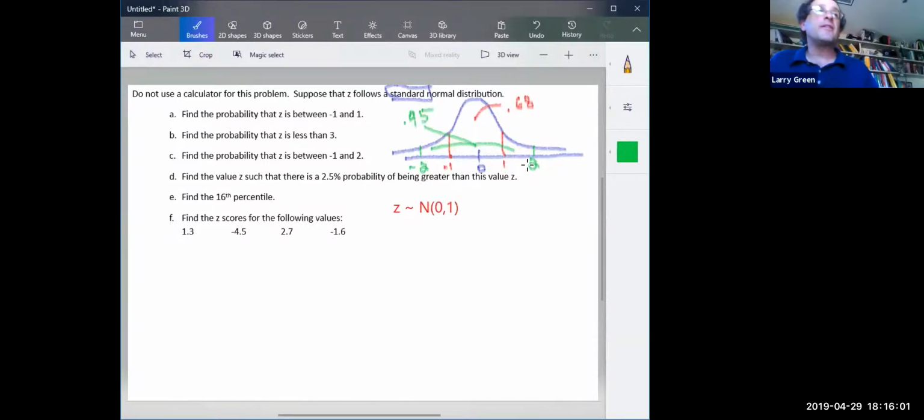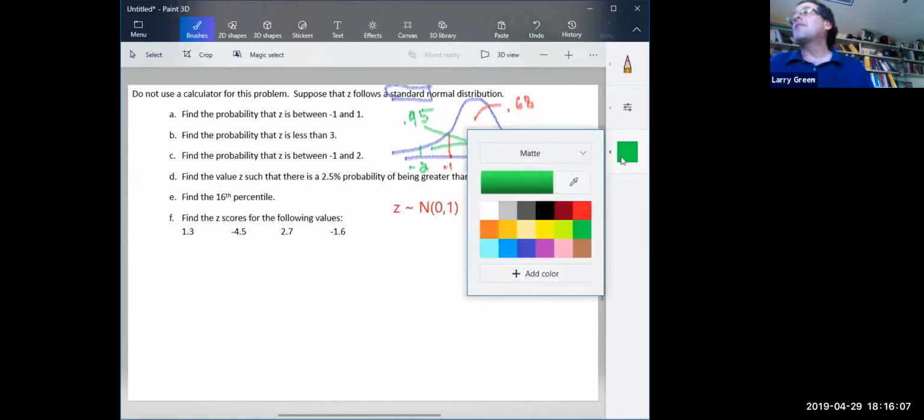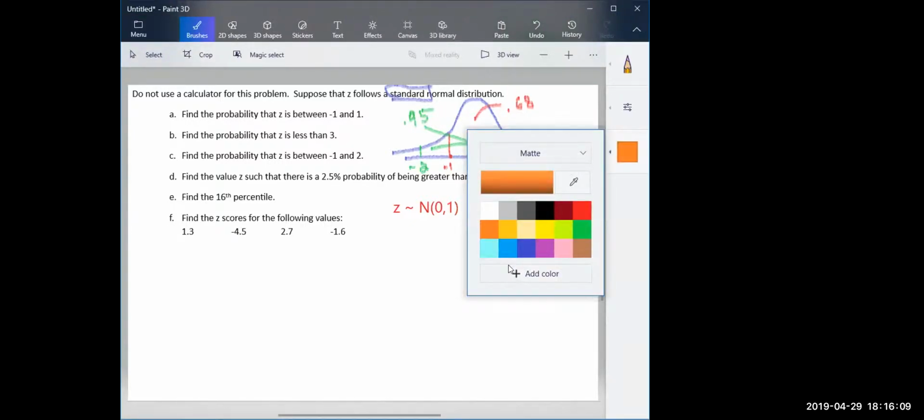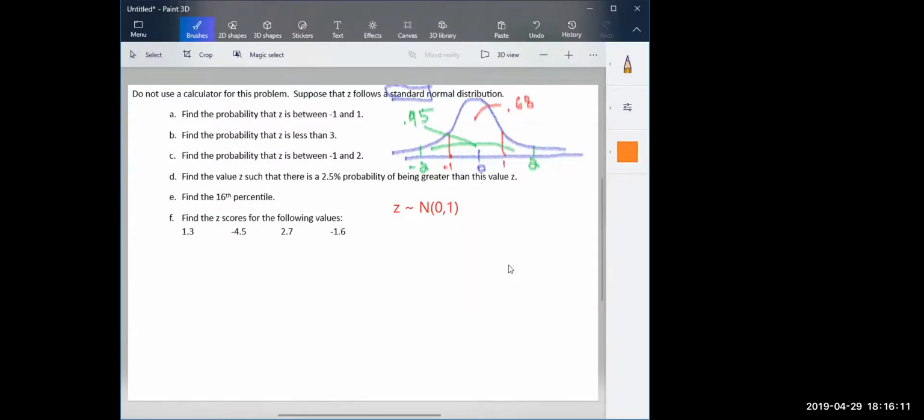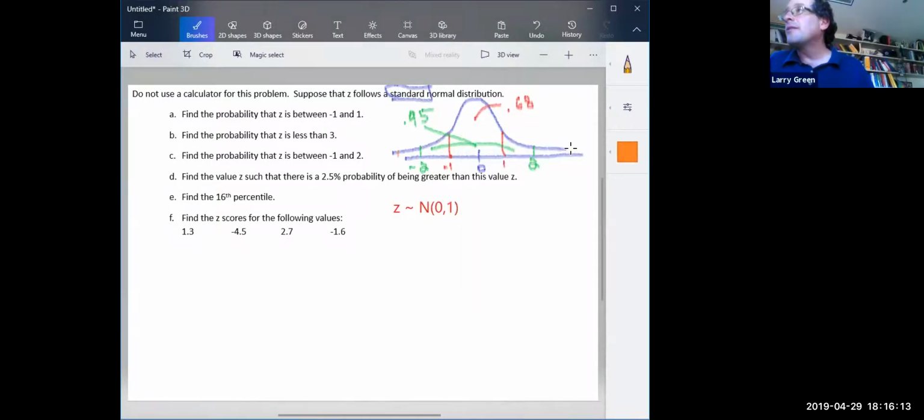Any questions on that? Okay, similarly, if you go from -3 to 3, let's do that. It's way out here. That's 0.997, or 99.7%. So almost all of it.